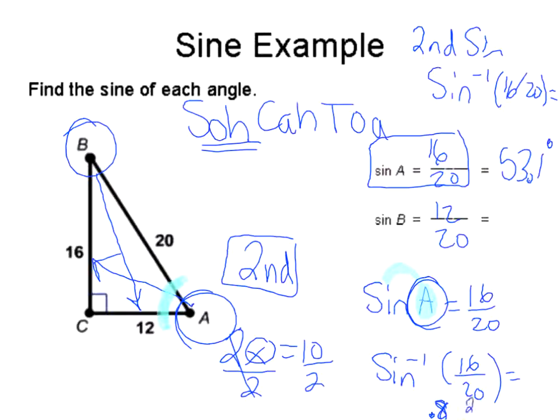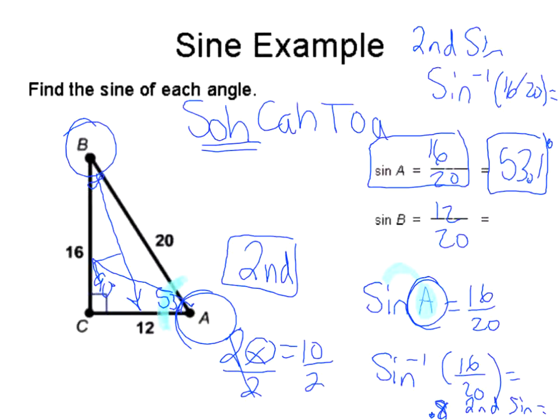Type in 0.8 and then do second sine. Now do we get 53.1? Okay, good. Each calculator is a little bit different, so I can come by and help you, but knowing the final answer will help you certainly get there. Yes, that's the degree.